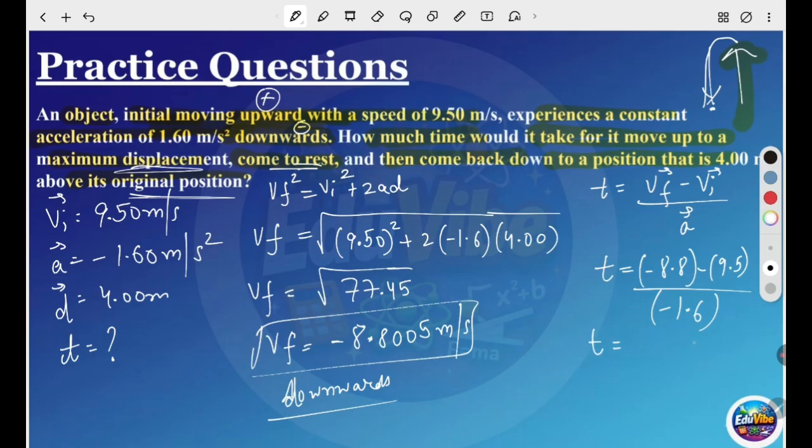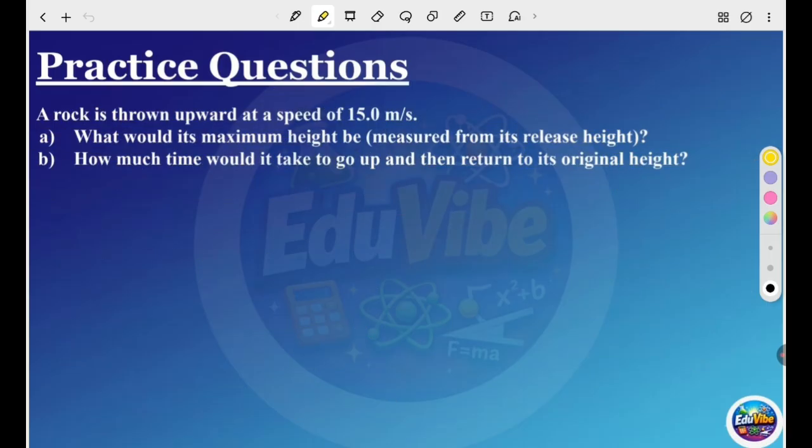So time, when we subtract and then divide, we get about 11.4 seconds. So this is the time that it takes to come back to its original position after maximum displacement of 4.00 meters, about 11.4 seconds. Let's deal with this.